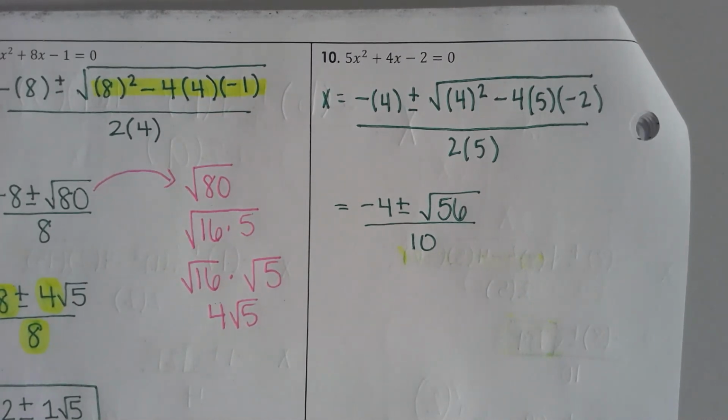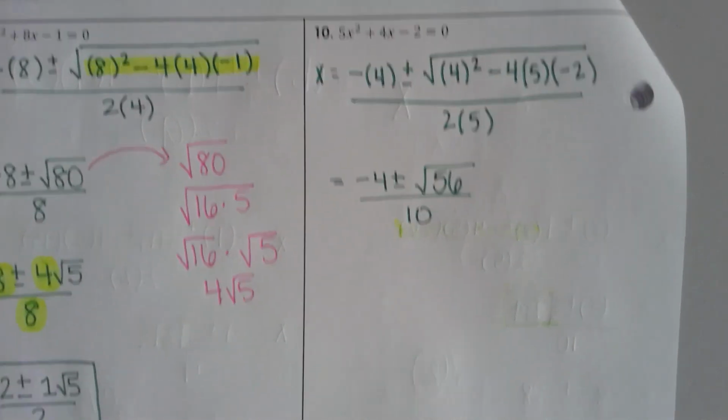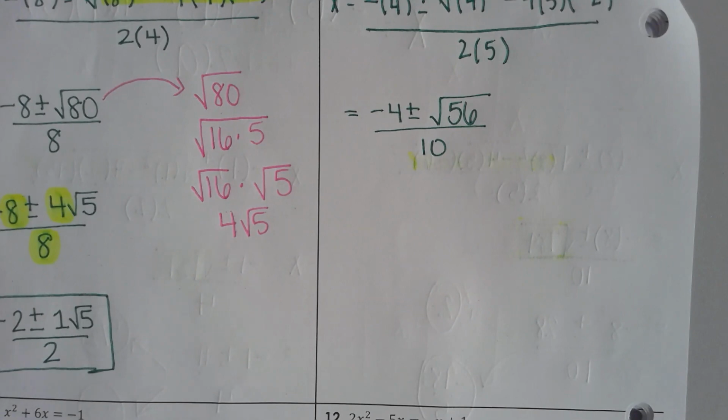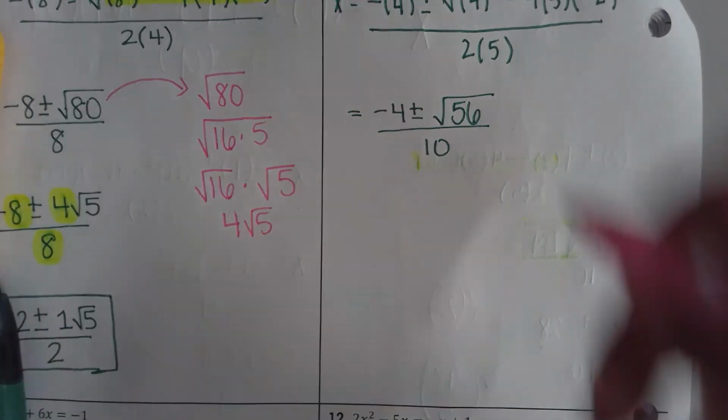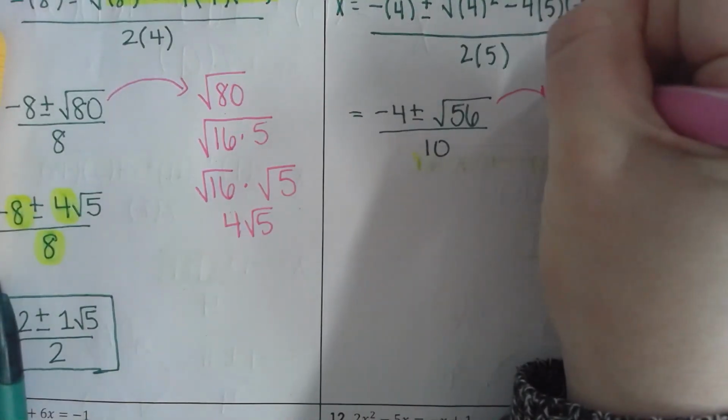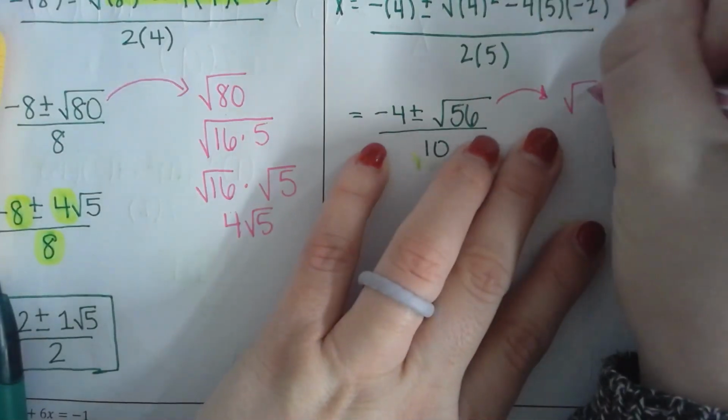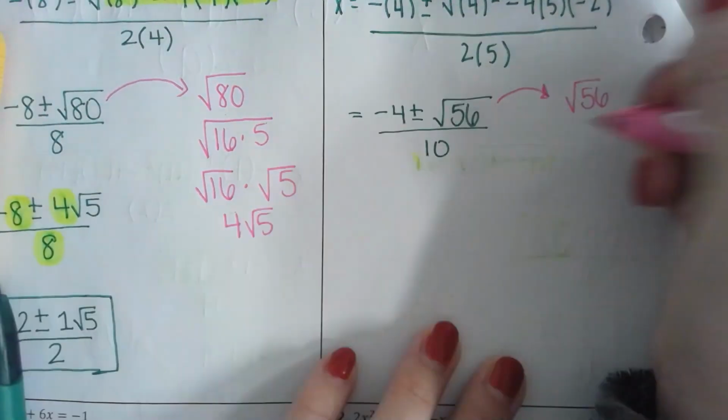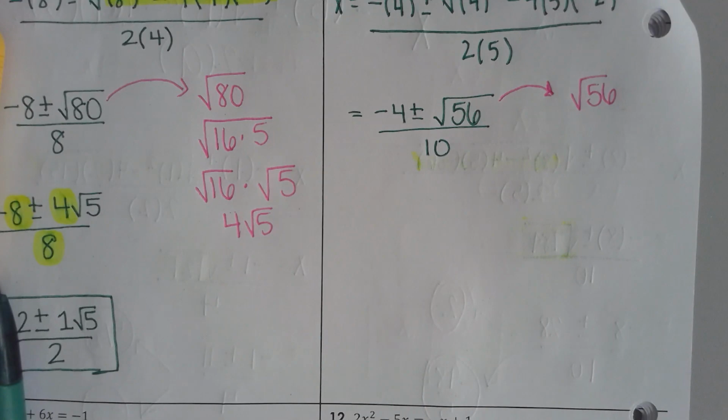Get 56. Is 56 a perfect square? Nope. So we're going to go to the side and we're going to simplify the square root of 56. We want to find the largest perfect square that goes evenly into 56.